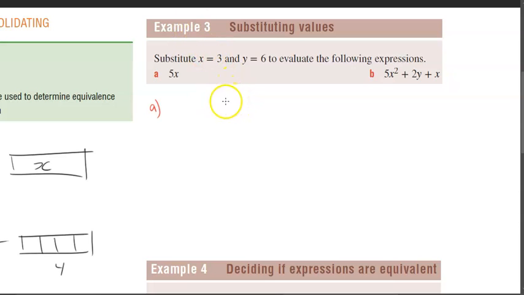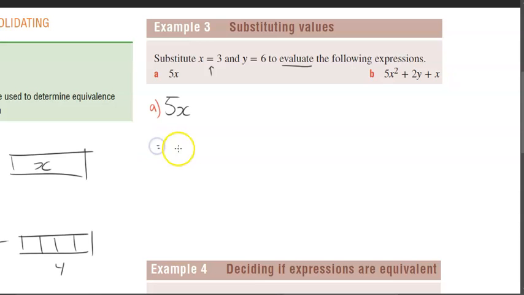First one has to do with substituting. So substitute x is equal to 3 and y is equal to 6 to evaluate or obtain the answer to the following expressions. 5x. So 5x just means 5 times x. Now x has been assigned a value, which is here. x is equal to 3.